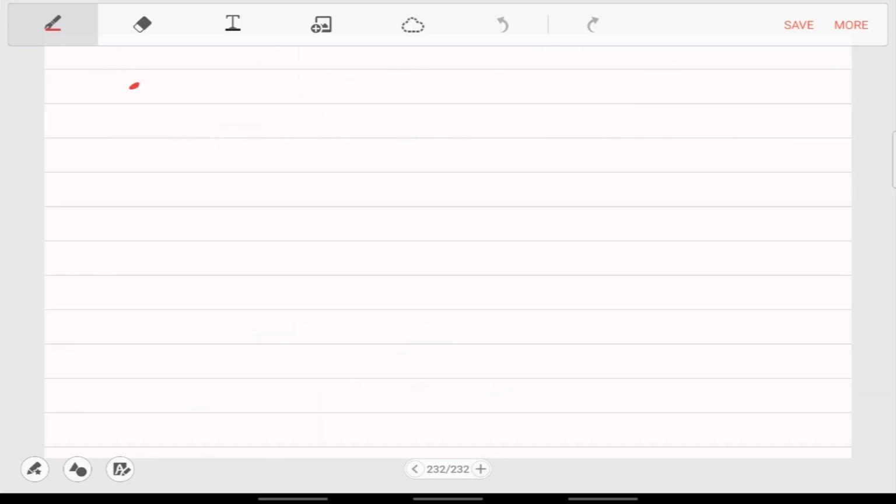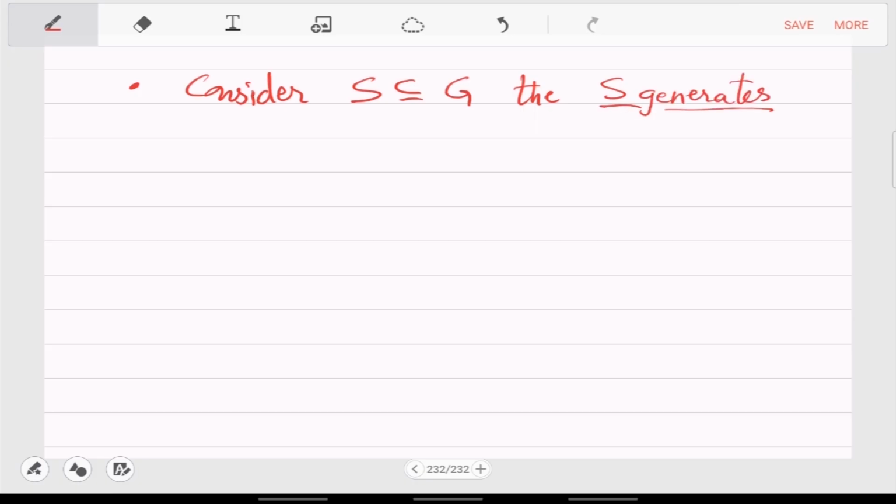In the same spirit, we can also take a subset of group elements and define this notation where S is not a singleton anymore. It may have 2 elements or 3 elements or infinitely many elements.